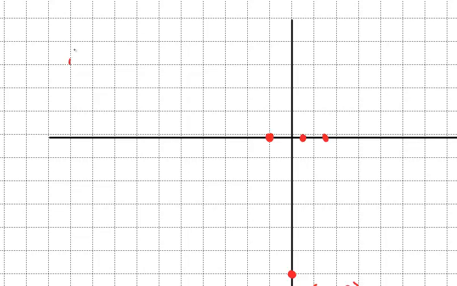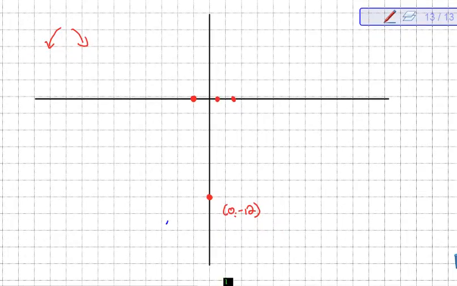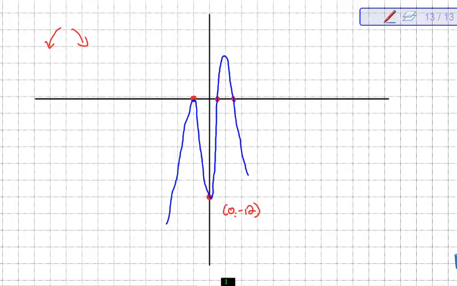And I know that my end behaviors are going to be like this. So that means I'm going to start out coming from here. Remember, I had a multiplicity of 2 here, so I'm going to bounce, come down, hit this, go up. This one had a multiplicity of 1, so I'm going to go through it. This one had a multiplicity of 1 also, and I'm going to go through it.